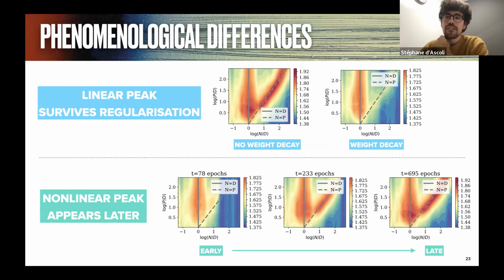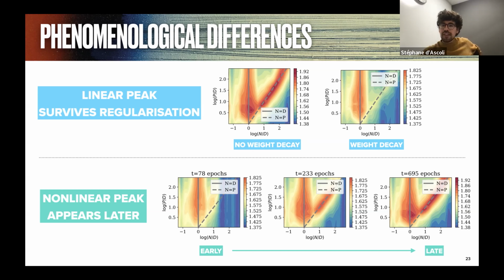Now, the second important difference between the linear and nonlinear peak is how they interact with regularization. As I showed in one of the first slides of this talk, in neural networks, if you regularize, then the overfitting peak is killed. Well, this indeed we observe along the line n is equal to p here. As we add weight decay, it's basically killed off.